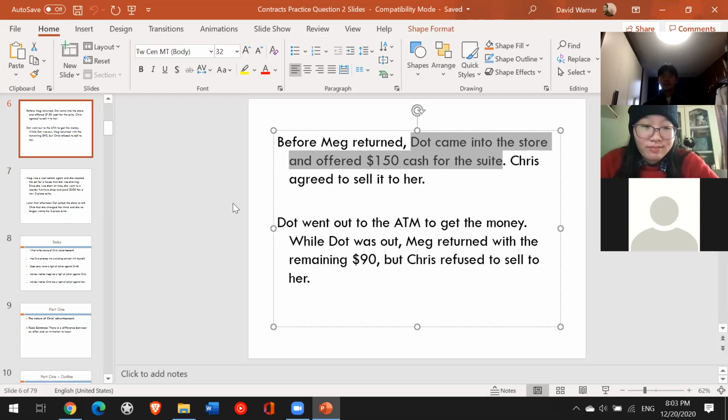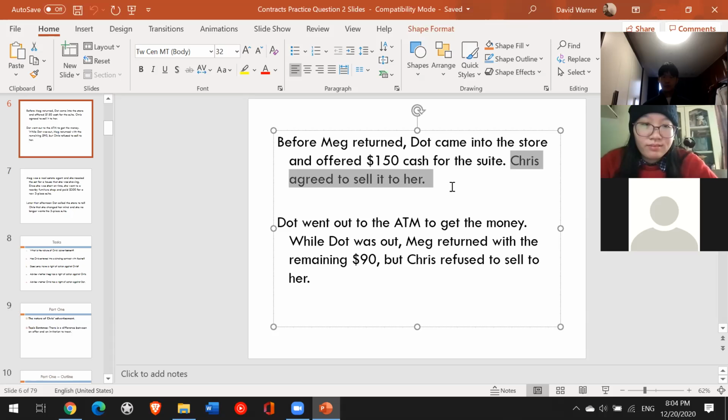You have to look at the test: would a reasonable person think that if I say yes, this woman Dot will give me $150? Maybe yes. Did Chris accept the offer? Yes, we just know it because the question says so. Maybe he shook hands, we don't know, but the question says that he did. So we have offer, we have acceptance.